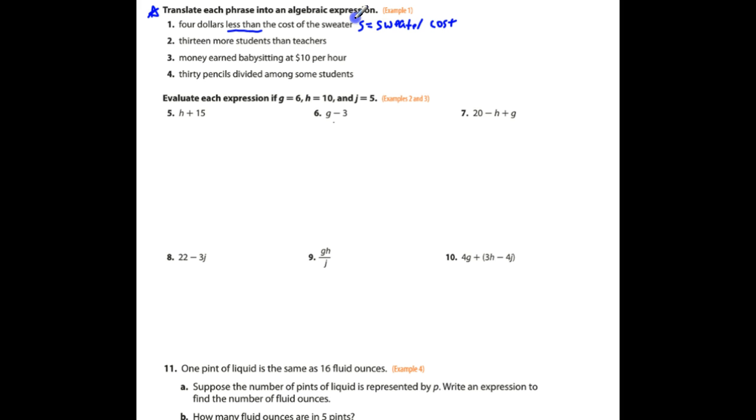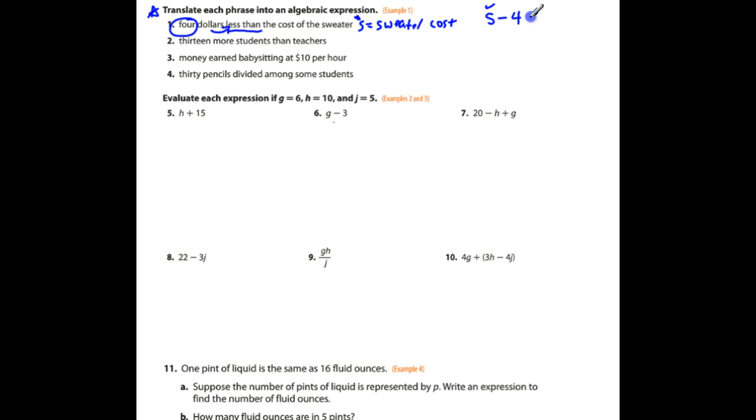That's defining your variable right there. You might have used the letter C since it's cost, but you take the sweater cost and it says it's $4 less, S minus 4, because it's 4 less than that. So whatever the sweater costs, which was S, it's 4 less than that.